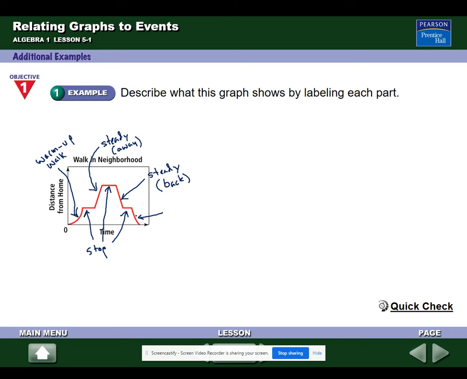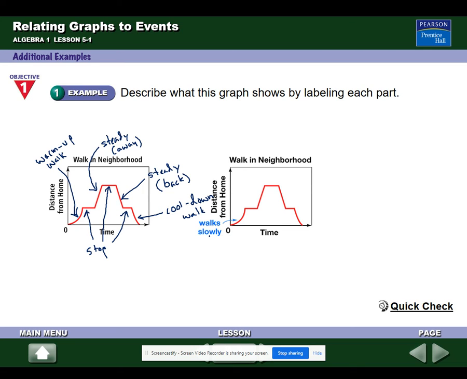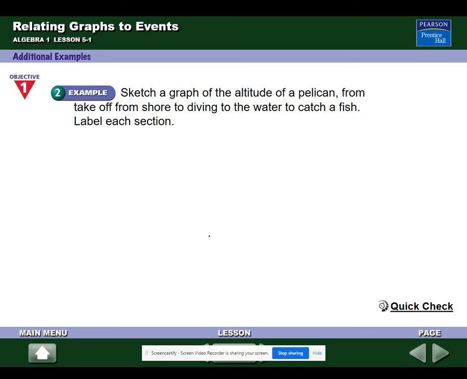And then this last one, you've got a little bit of a curve right here, maybe even like a cool down, like they were walking faster at first, and then as they approached home, they slowed up at the end. I don't know, cool down walk. I have no idea what the software is going to label these things. This is just what I'm thinking of. Walks slowly, walks quickly. Okay, so they labeled, yeah, I can get down with that. And stand still. All right.